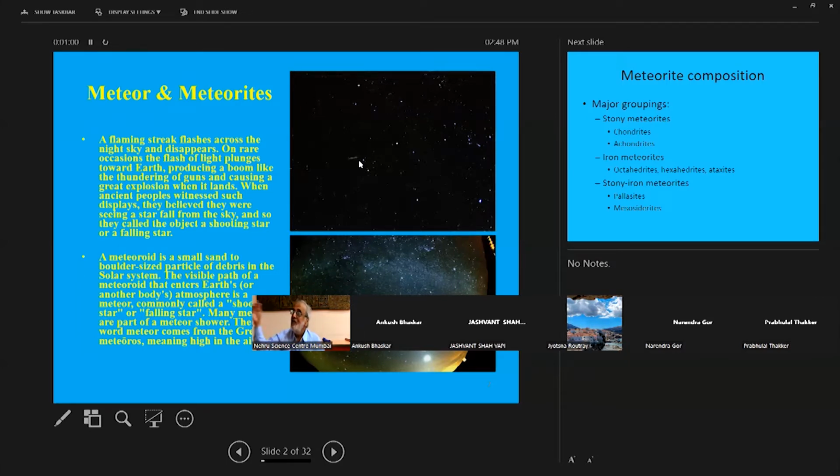So in this, we normally try to see the whole sky. And let me tell you, I'm talking of 25, 30 years back. People used to come to us at Wangni and Badlapur, and we used to show them how to identify meteors. We used to make a group of four. One person will look at the cardinal points, one will be looking at north, one will be looking at south.